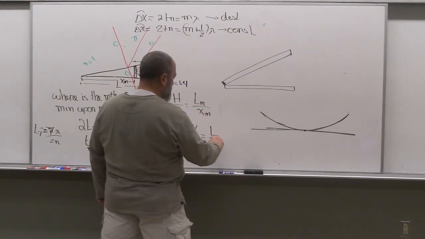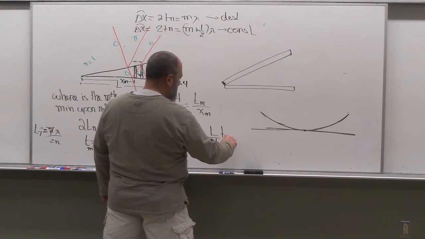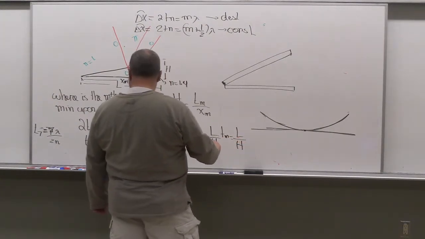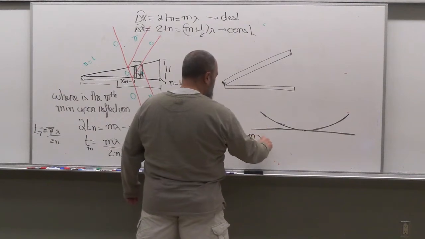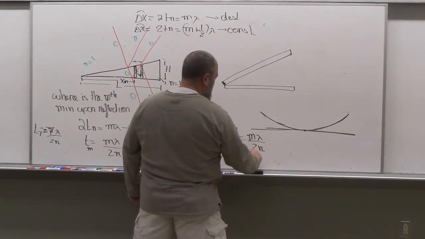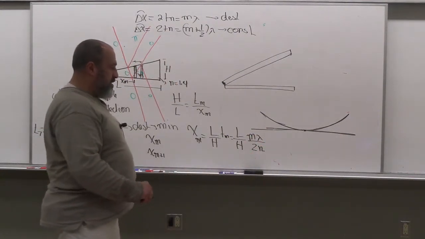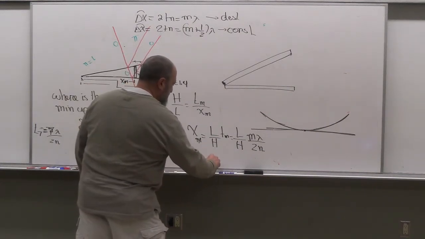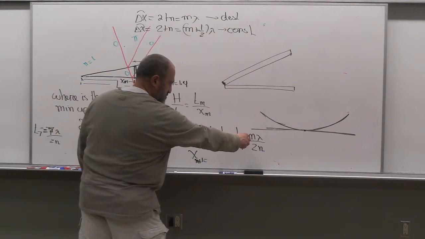L over h times T sub m, and that's equal to L over h multiplied by m lambda over 2n. Okay. Now, what is x sub m plus 1 equal to, by the same token?